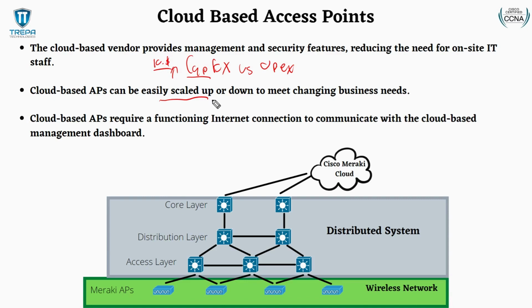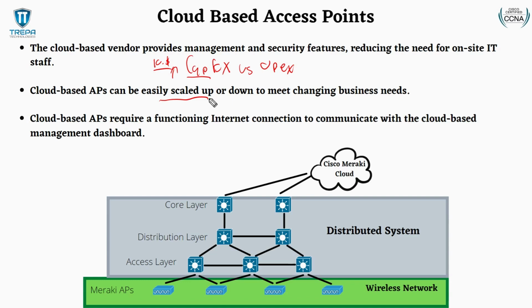To where maybe after hours, we just go ahead and turn those APs off, and then someone has to submit a request for us to turn them back on. So we have that scalability, right? Or maybe we can do some sort of automation where if somebody badges into the office and we see that they log into the computer, we can set up some script that says, okay, hey, my cloud dashboard, activate these APs.